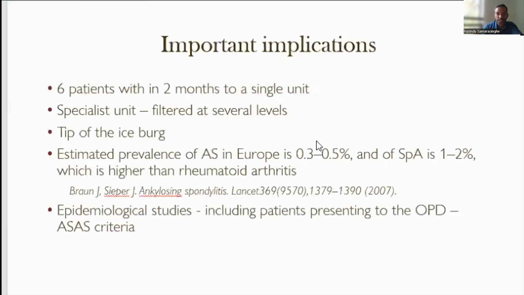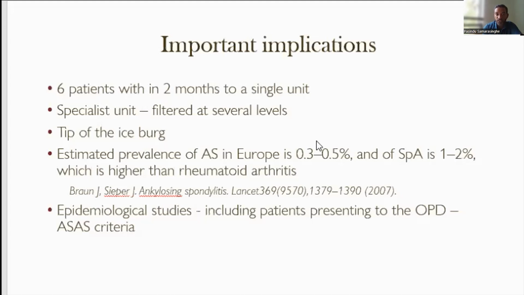So the important implications of this study. We found that 6 patients came within a short period, 2 months, to a single unit. So it's quite common in society. And they were diagnosed in the specialized unit after being filtered at several levels. So they were diagnosed only at the rheumatology unit after some time. We are only seeing the tip of the iceberg because we don't do MRI scans for these patients.